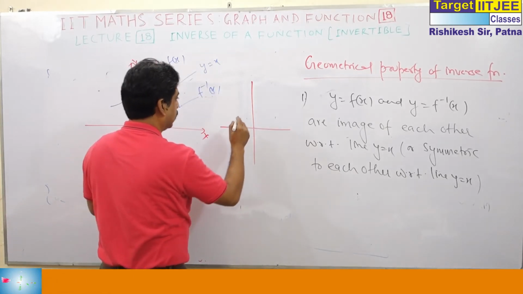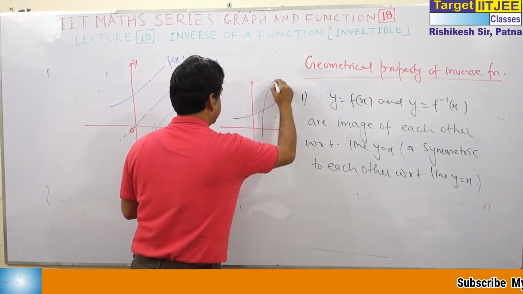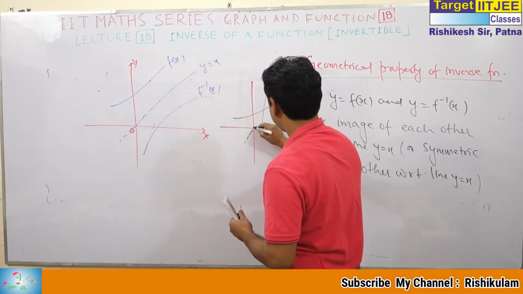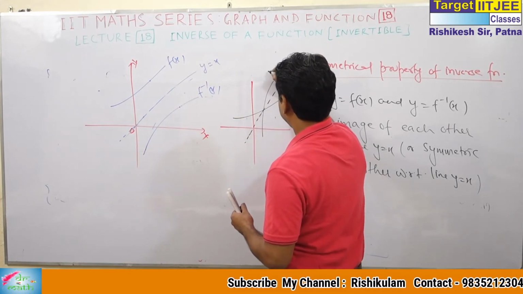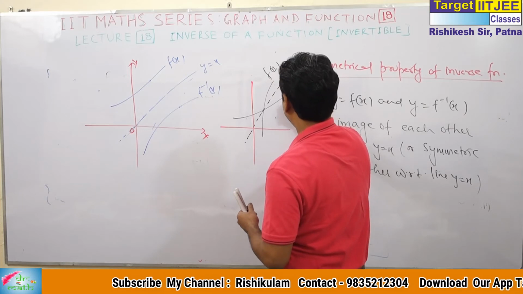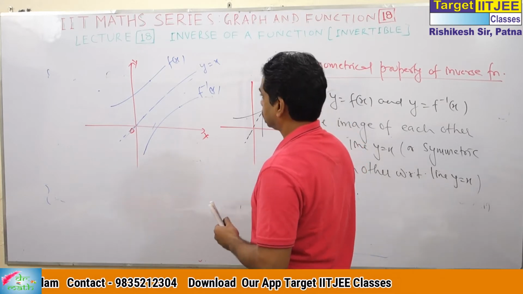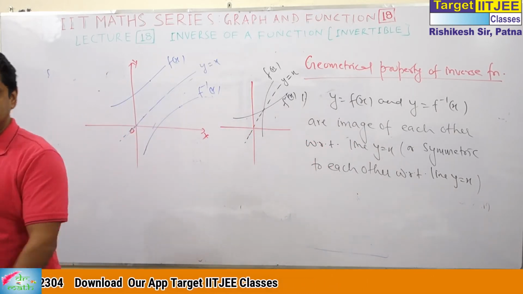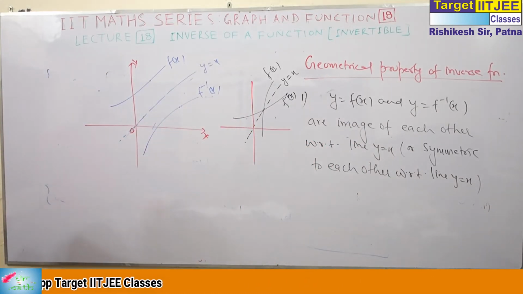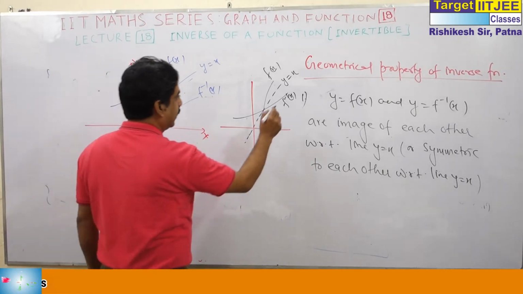Suppose I make one more figure. This is actually for property 2. This is f(x), this is f inverse x, and this is y = x. I will explain why, but before that let me write the second property.